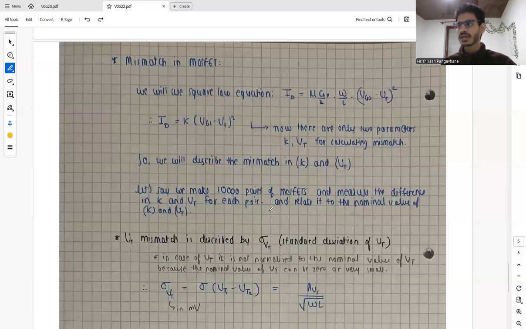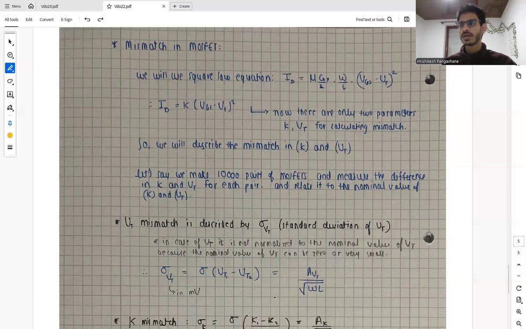In the case of VT, it is not normalized to the nominal value of VT because the nominal value of VT can be 0 or very small. So sigma VT will be given in millivolts, and it's sigma of VT1 minus VT2, given by the area proportionality constant for VT divided by the root of width times length.